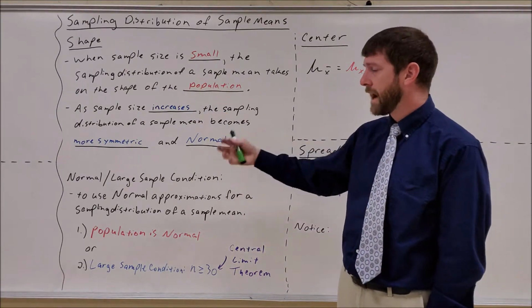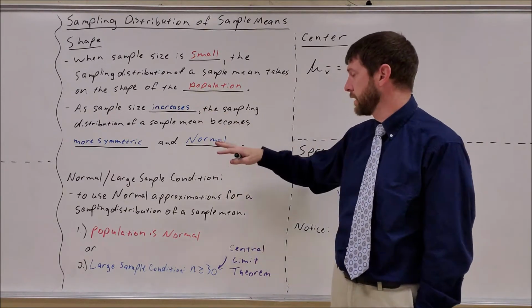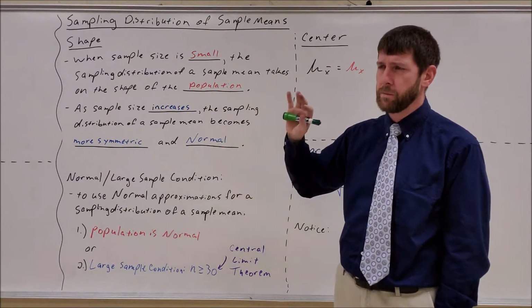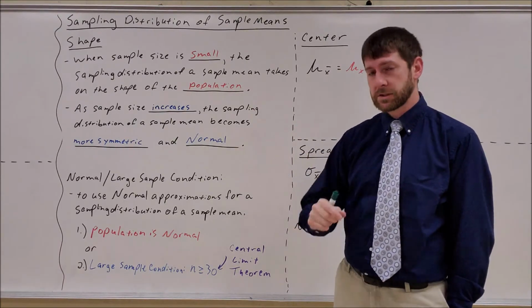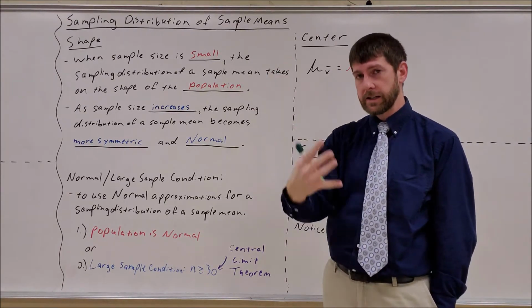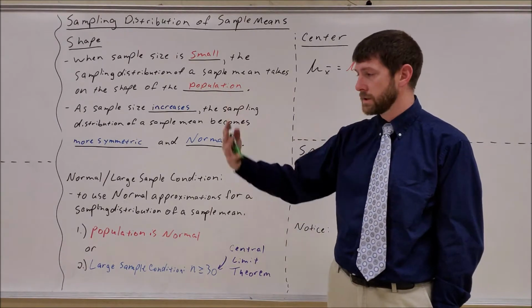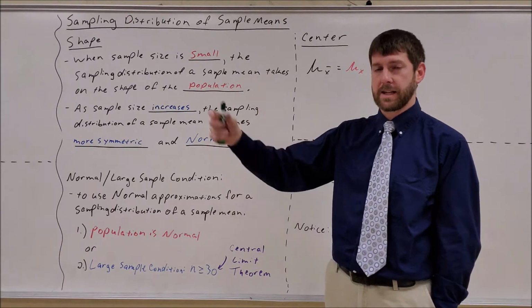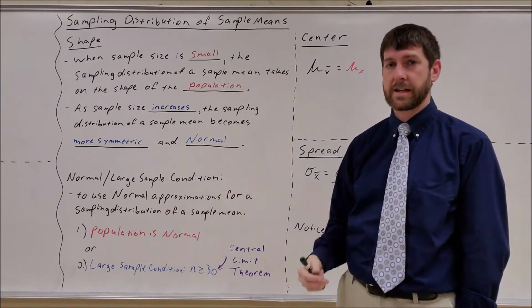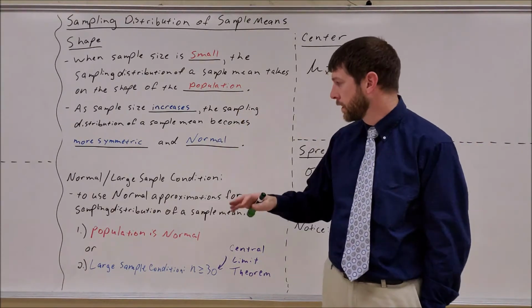So how large do we need to get to be normal? Now, when we dealt with proportions or sample proportions, we had that large counts condition. If I could count at least 10 successes in a sample and at least 10 failures in a sample, then we knew that the sampling distribution for all samples of that size was going to be approximately normal.